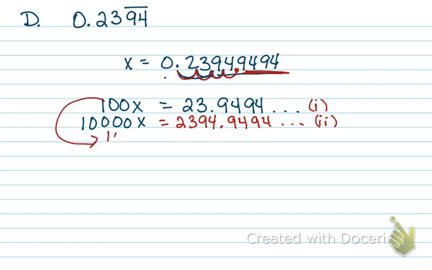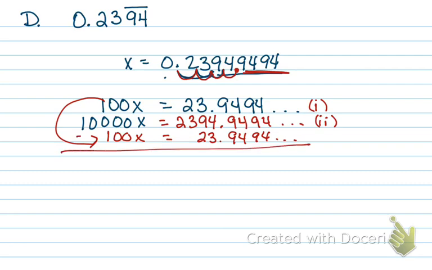So we have 100x and 23.9494, etc. And now we're going to subtract. So these cancel out. And then 2394 minus 23. 4 minus 3 gives us 1. 9 minus 2 gives us 7. And then we have nothing here, so 23. And then equals 10,000 minus 100x.